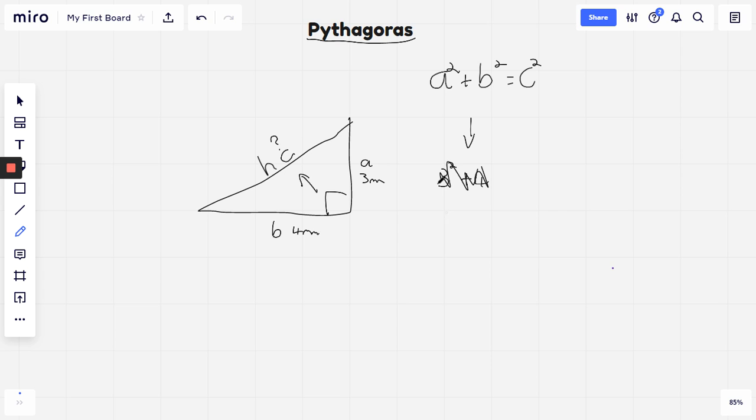So it's just a variation on 3, 4, 5, but we'll say this side here is 60. This side here is 80. So 60 squared plus 80 squared equals an answer, and that answer is going to be a certain number squared.